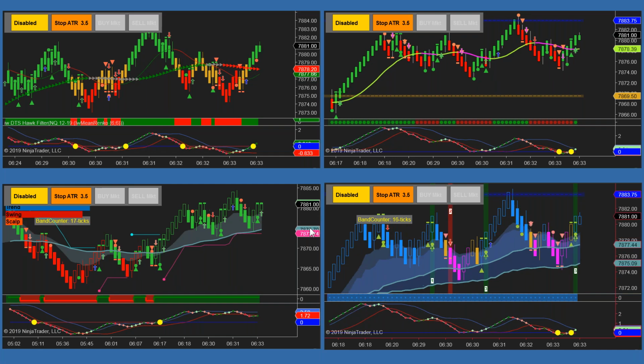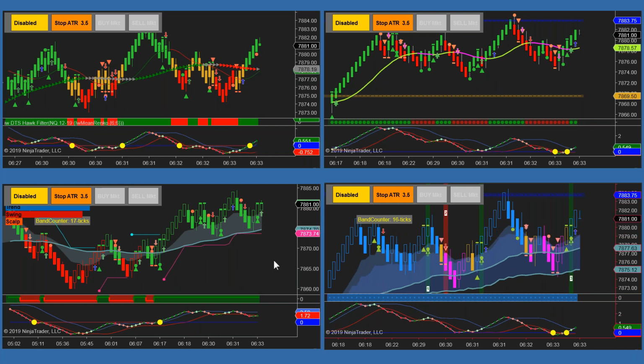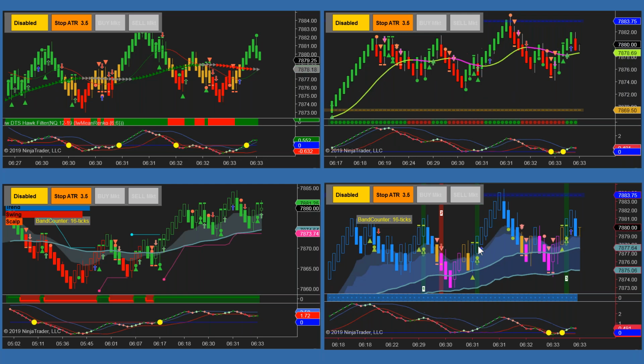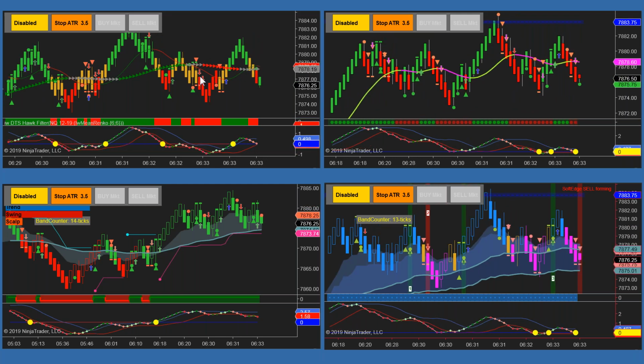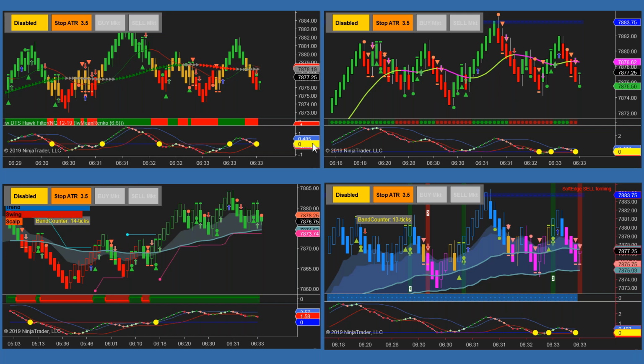All right, what we have here is the complete DTS system along with the Raptor. In the top left, we have the Hawk Micro Scalper. Top right is the Falcon Swing Trader. Bottom left is the Eagle Trend Trader, and then the bottom right, of course, is the Raptor. These charts are all showing the NASDAQ, which is my personal favorite market.